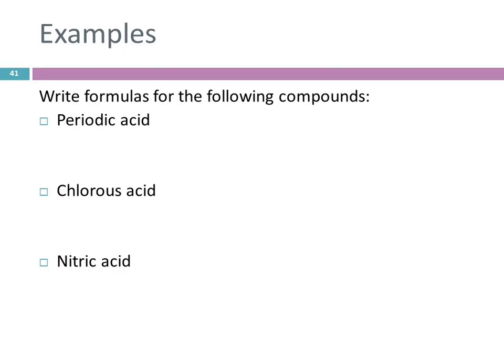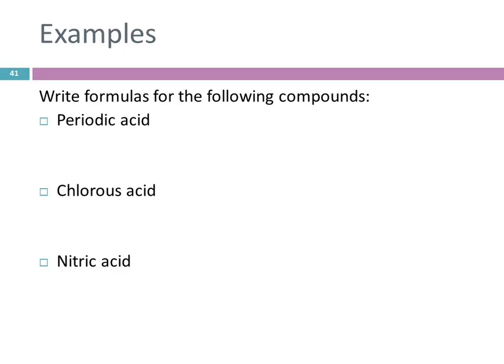Write formulas for the following compounds. When they're all mixed up together, we can see from the name that it's an acid. It's got acid in the name. But then to write the formula, we need to know what kind of acid it is. Binary acids start with hydro.